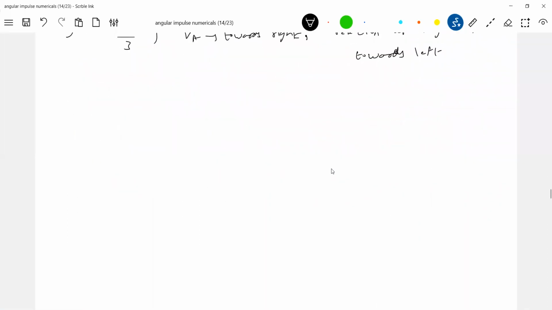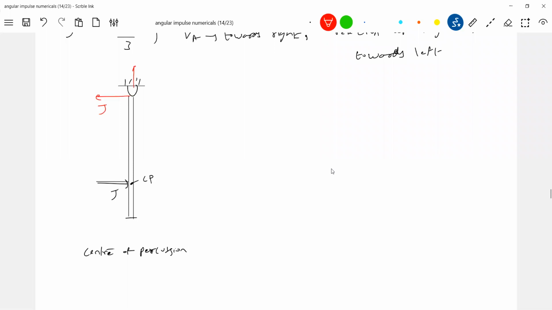If a rod is suspended, at what point should I apply the impulse so that there is no impulse at the hinge? If I apply the impulse here, I'll call this the center of percussion.